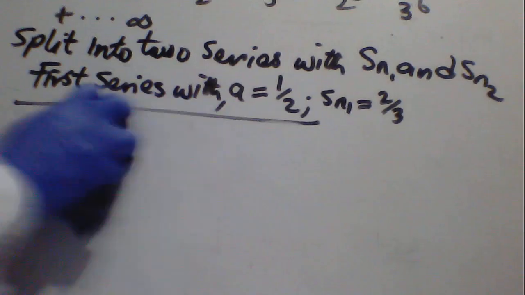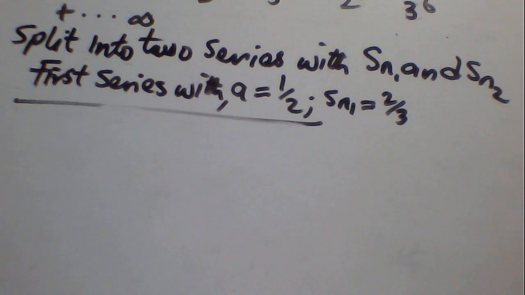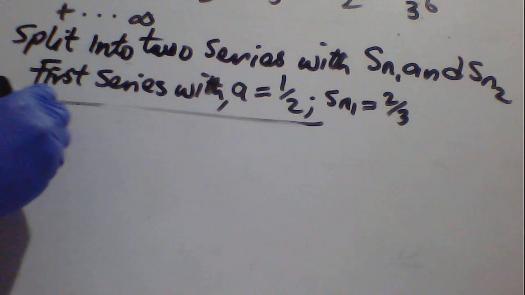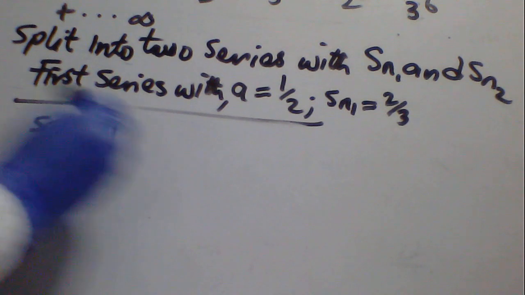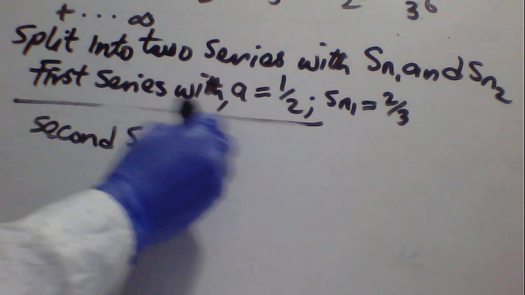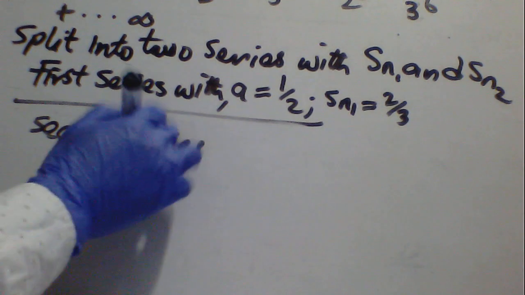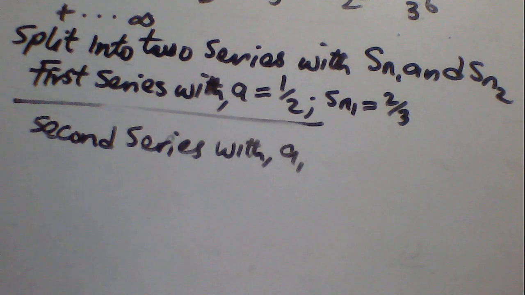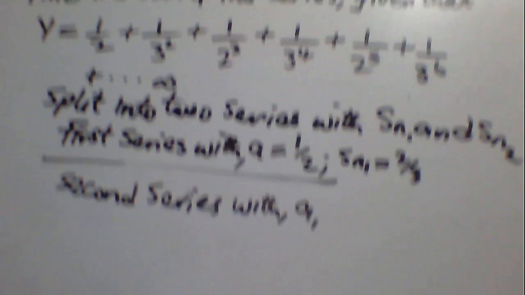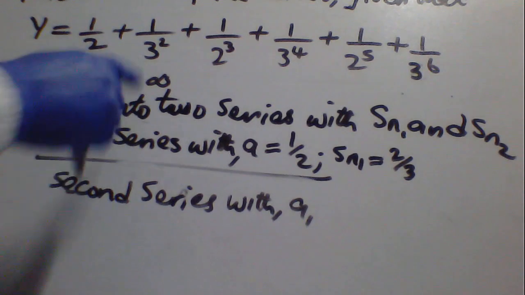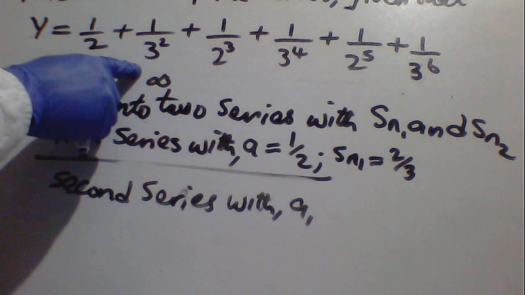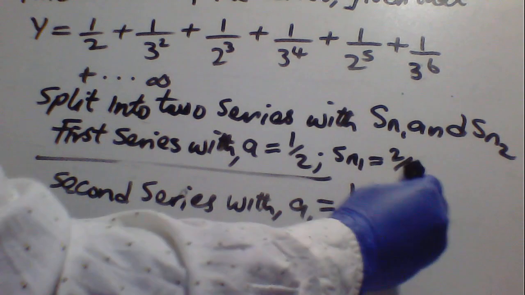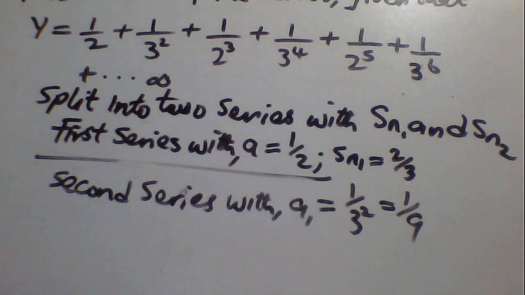So for the second series, I can call the first term A1. Looking at it, it is 1 over 3 raised to the power 2, and that gives us 1 over 9.